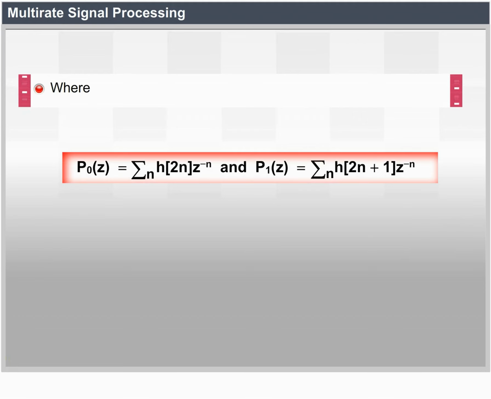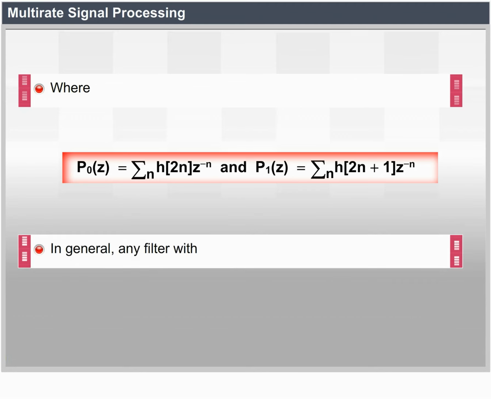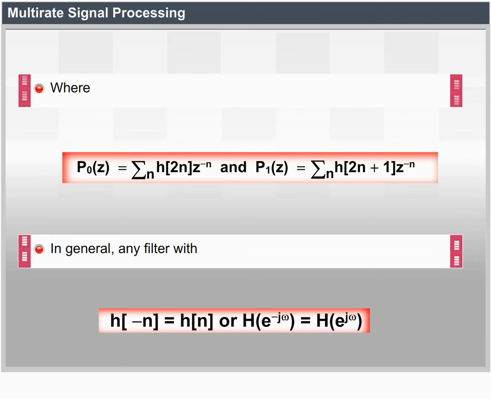In general, any filter with h(-n) = h(n), or H(e^-jomega) = H(e^jomega), that satisfies 10.1.56 is called a half-band filter.